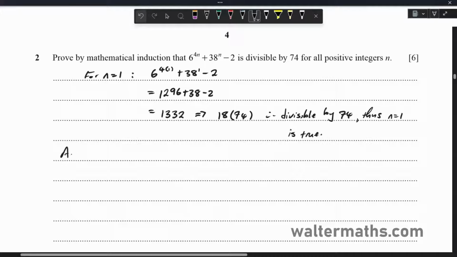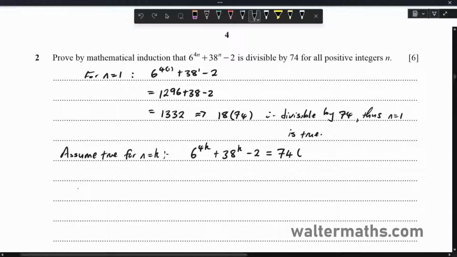Next, we're going to assume true for n equals k. So we'll be having 6 to the 4k plus 38 to the k minus 2. And since we are saying that this statement is true, it means that what we have here is divisible by 74. So I'll say it's equal to 74L.